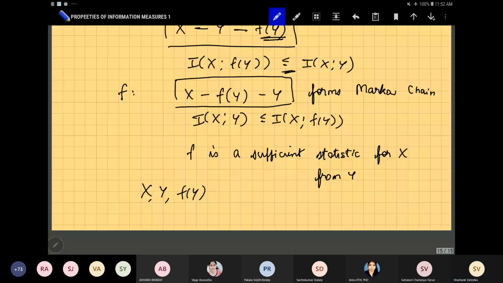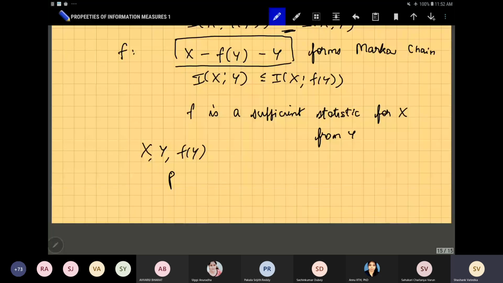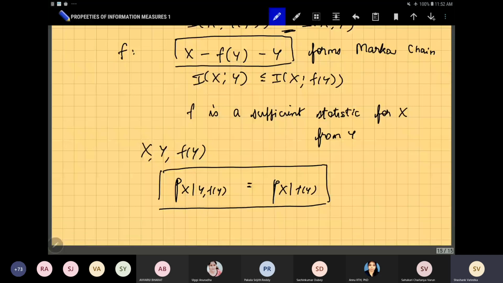But if the joint distribution of x, y, and f of y is such that the probability of x given y and f of y is the same as the probability of x given f of y, then we say that f of y is a sufficient statistic for x given y.